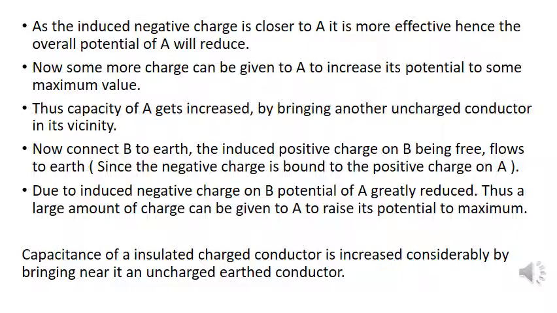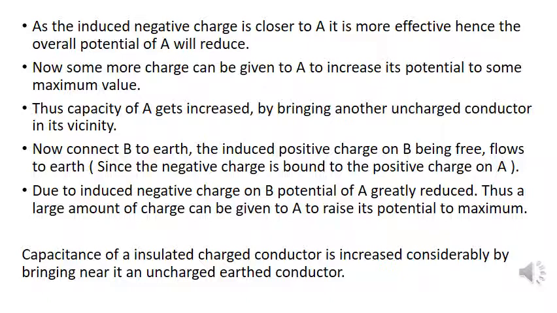Now some more charge can be given to plate A to increase its potential to the maximum value again. Thus, in this way, the capacity of A gets increased by bringing another uncharged conductor in its vicinity.